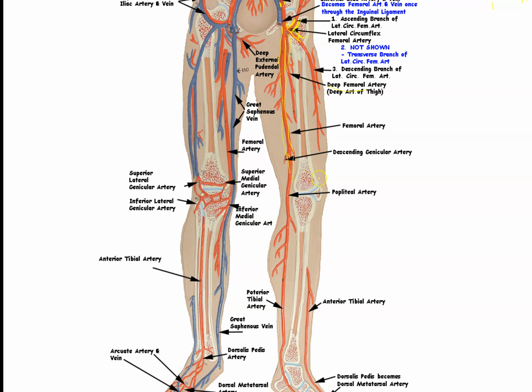If you notice, here's your patella, so your leg is turned on this side of the model. Now we're looking at the back of the knee, and that's your popliteal artery. Then it splits going into the calf and wraps around to the front of your tibia; that's your anterior tibial artery. And part of it stays on the back of your leg; that's the posterior tibial artery.